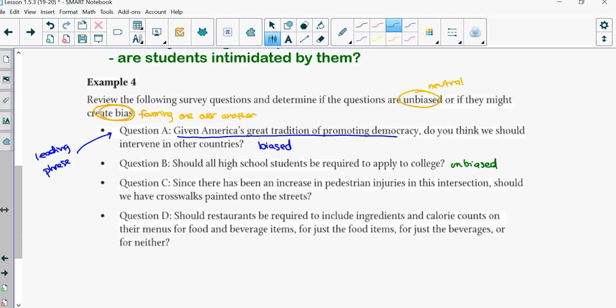The next question. Since there has been an increase in pedestrian injuries in this intersection, should we have crosswalks painted onto the streets? So pause for a second, see what you think.